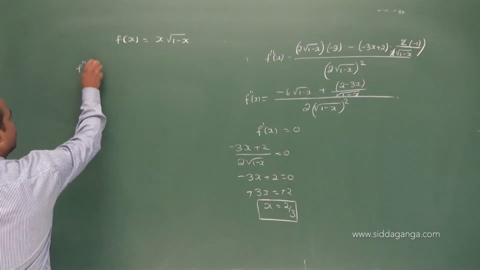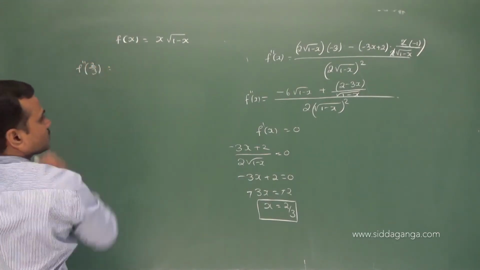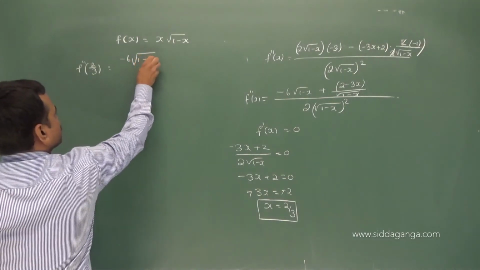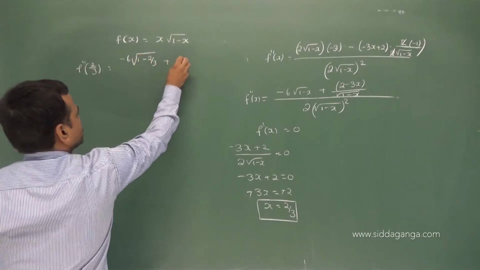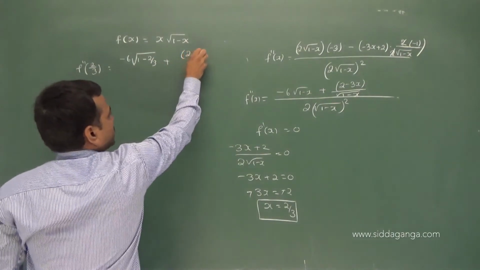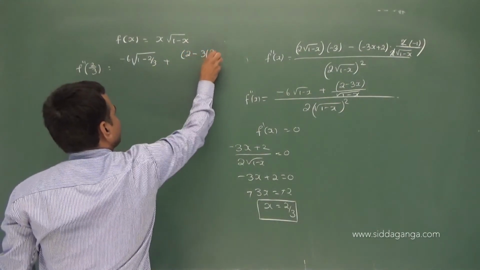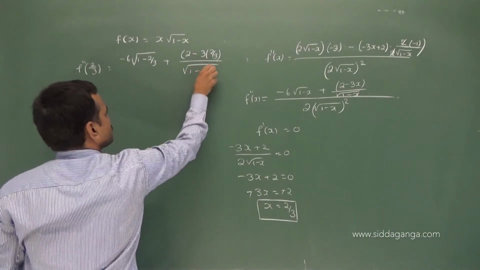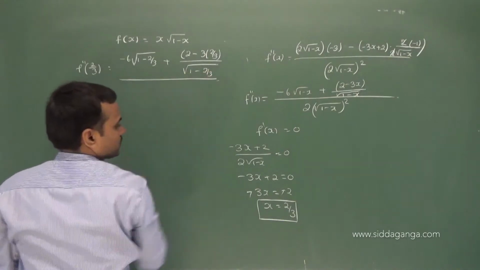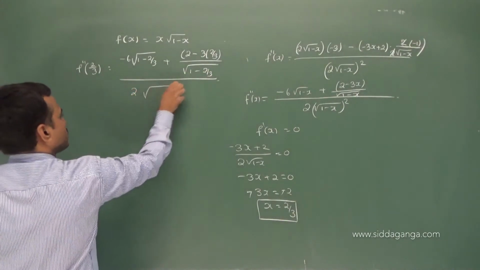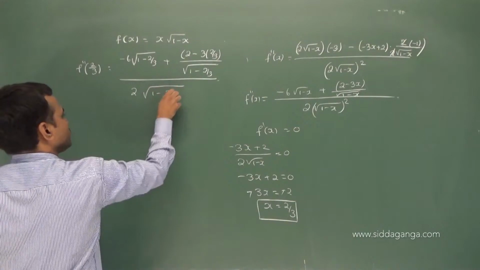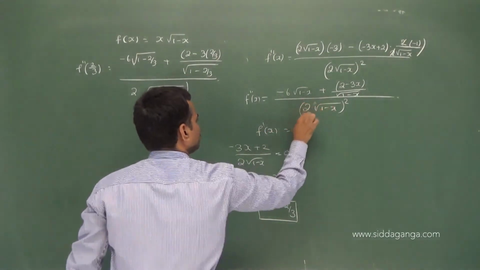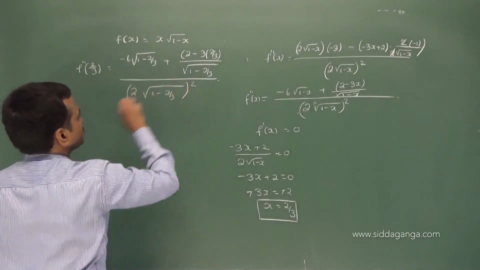f double dash of 2 by 3 is minus 6 into square root of 1 minus 2 by 3 plus 2 minus 3 into 2 by 3, whole divided by root of 1 minus 2 by 3, over 2 into square root of 1 minus 2 by 3 whole square.